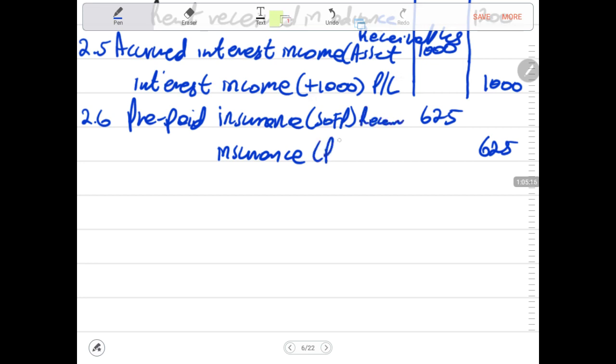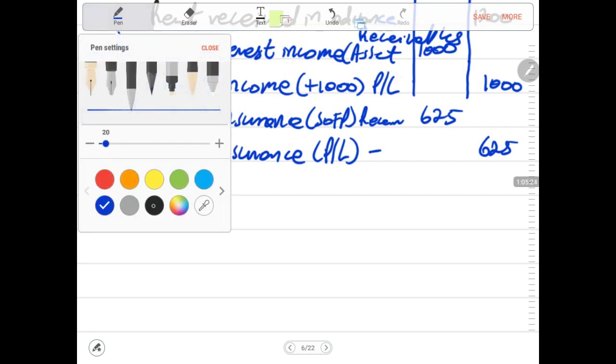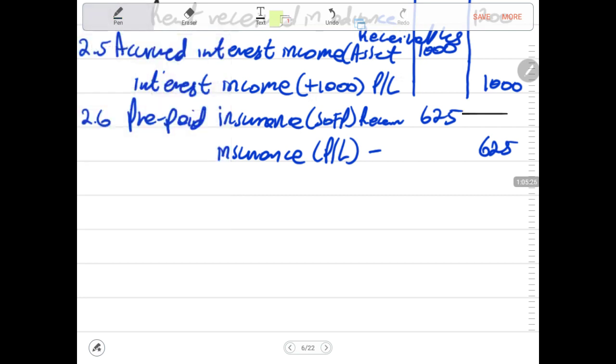And this is statement of profit or loss. This will be minus under the expense, which is the insurance expense. So the 2.6 adjustment has been recorded correctly. Both the debit and the credit must be recorded in their respective financial statements, please.